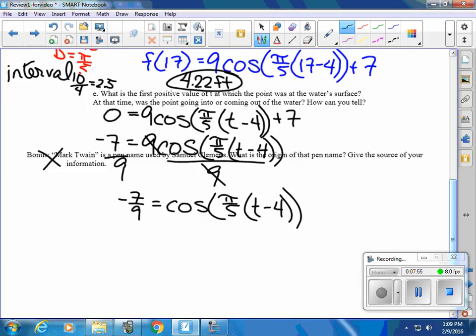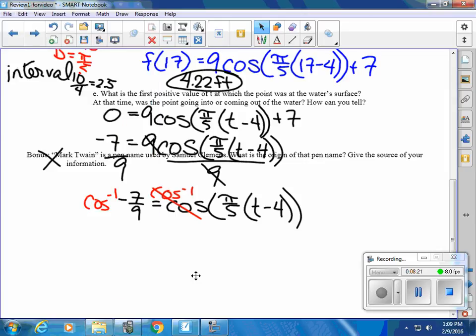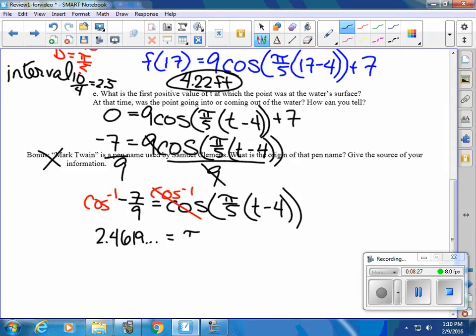Okay. And so then I have to do the inverse cosine in order to undo cosine here and solve that. And so I'm going to go into my calculator. I'm going to do inverse cosine of -7/9. Now remember, I'm in radian mode. And what did I mess up on? Negative, not minus. And I get this value, I'm not rounding it, 2.4619 and so on, equals pi over 5, t minus 4.